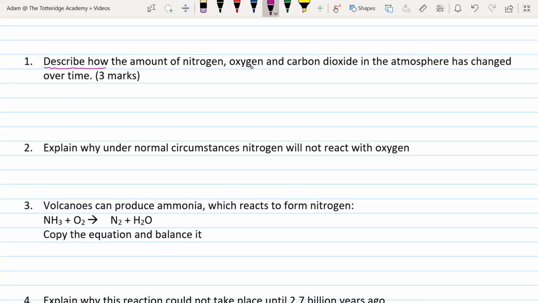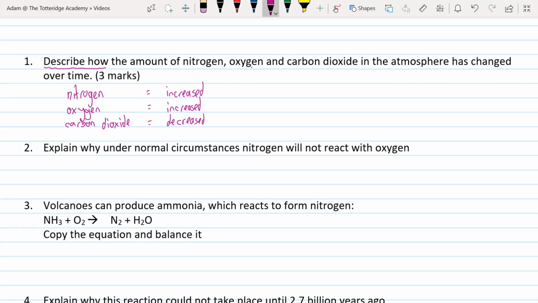We're just going to say nitrogen, oxygen, and carbon dioxide. How has nitrogen changed? How has oxygen changed? How has carbon dioxide changed? Nitrogen has increased. Oxygen has increased. And carbon dioxide has decreased. And that's it. That's all you need to do for that question, because all it says is describe how.